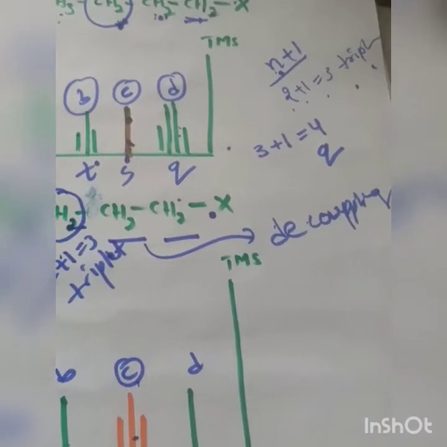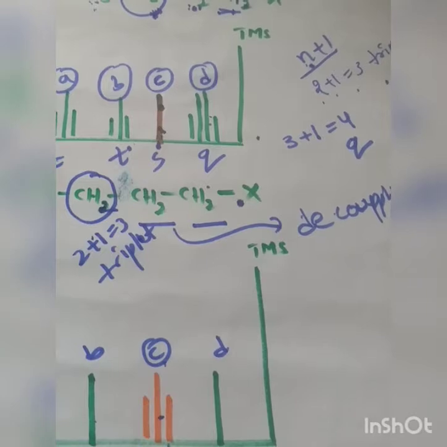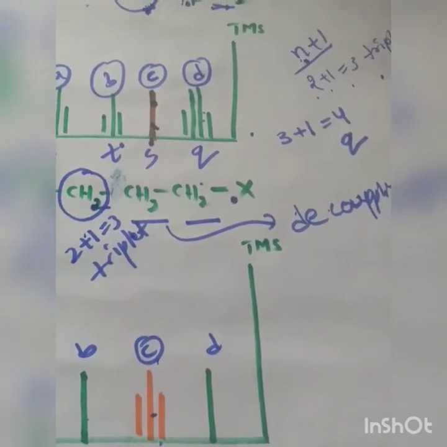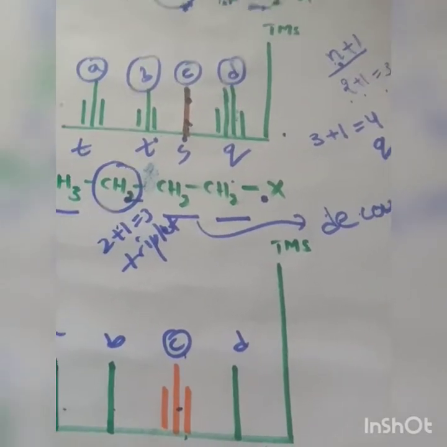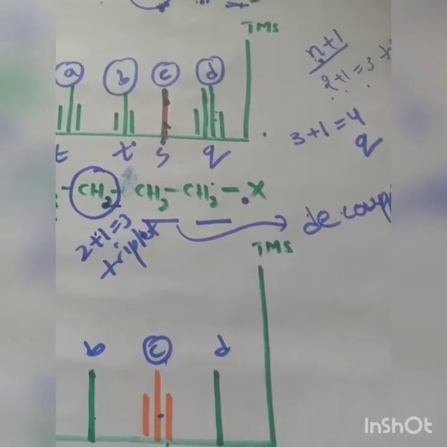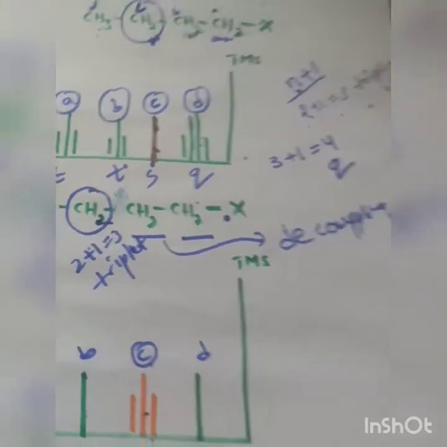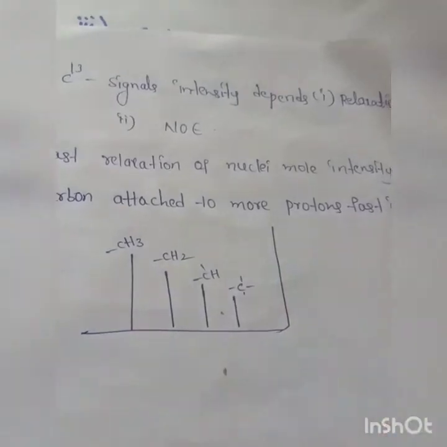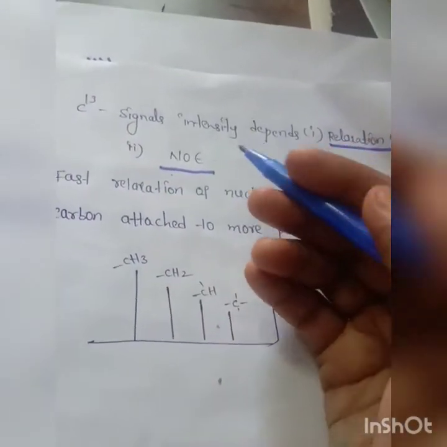That's it. Okay, so in the interpretation of C13 signals, the intensity of a C13 signal is not proportional to the number of nuclei contributing to it. The intensity of C13 NMR signals depends upon the relaxation effect and the nuclear Overhauser effect.